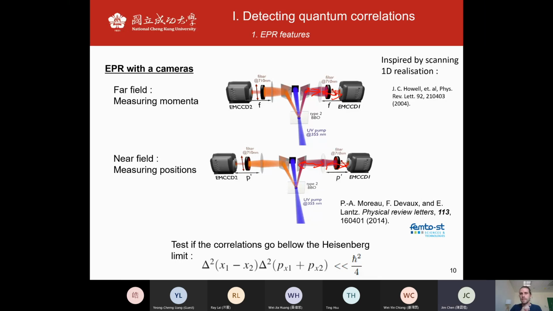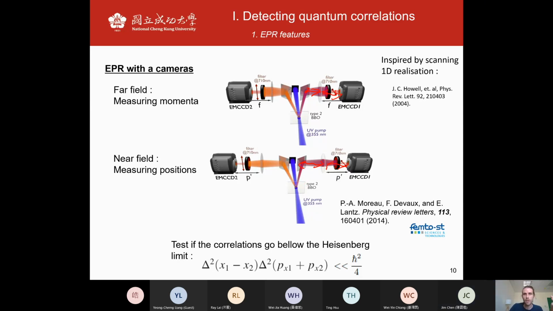It's exactly the same as when you take a normal DSLR camera. You rotate your lens to change your focusing, and you are observing a different plane. In the near field case, we are just taking a picture of a plane that is optically within this crystal.